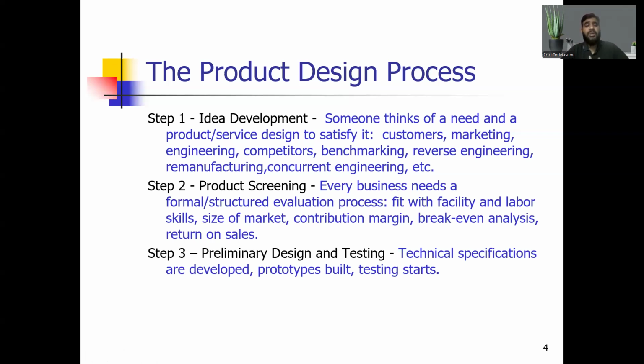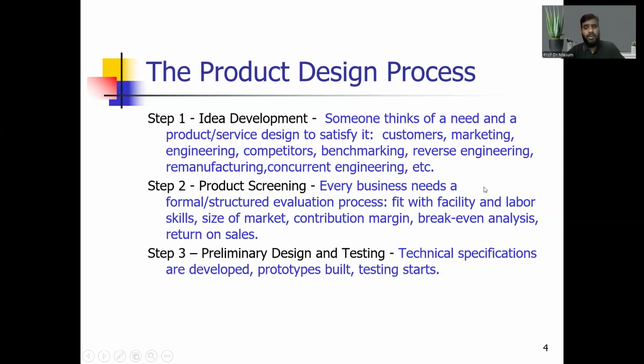Or you have to choose only one that is the best among all the other available options. That is product screening. Every business needs a formal structured evaluation process. Fit with facility and labor skills, size of market, contribution margin, break-even analysis, return on sales. These are the factors you can use to screen the idea.